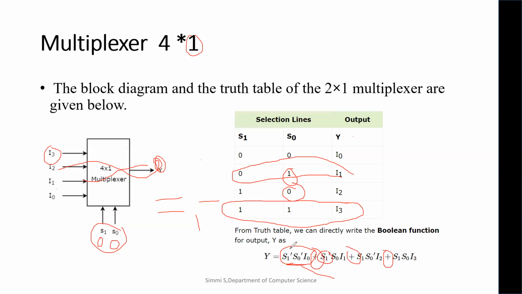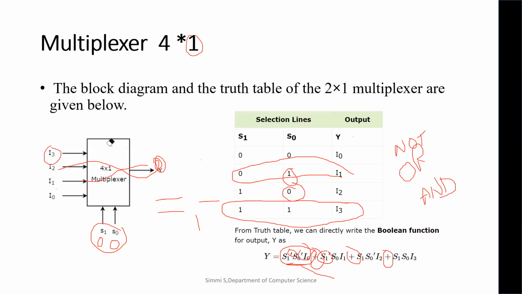Along with that, some complement, some negation is there, so we need a NOT gate also. So by using these three basic gates, we can create a circuit diagram for this particular multiplexer.